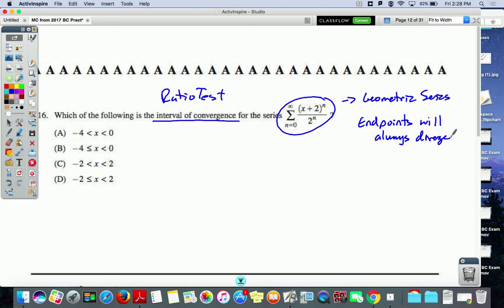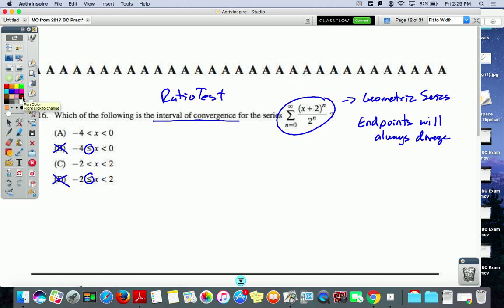Now, that's kind of the case where the common ratio is equal to 1. And with a geometric series, it's always going to result in a divergent series. So right away, I can cross off B and D because they both have this less than or equal to option. So our answer is going to be A or C.